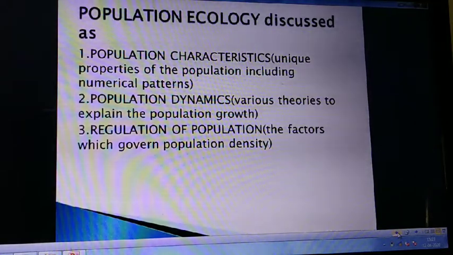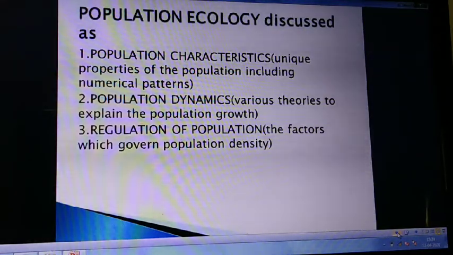Anyone can study population ecology under the following heads. Number 1, the characteristics of a population. Number 2, the population dynamics. And third, the regulation of population. As number 1, population characteristics, these are unique properties of the population, and they include numerical patterns.